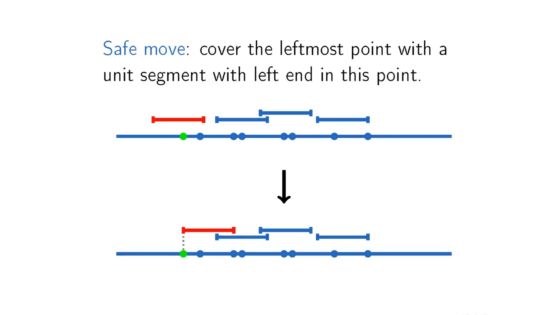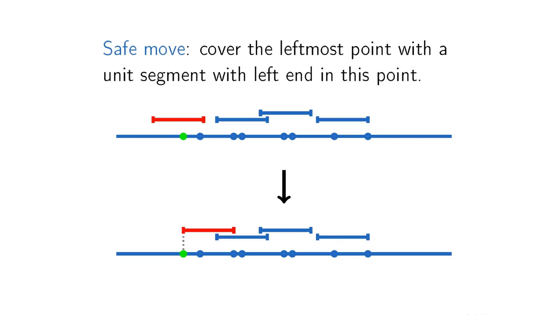I state that we didn't miss any of the points in the process because this green point is the leftmost point, so there are no points to the left from it, and while we were moving the segment to the right, we didn't miss any of the points. It means that what we have now is still a correct covering, because all the points are still covered, and the number of segments in this covering is the same as in some optimal solution from which we started.